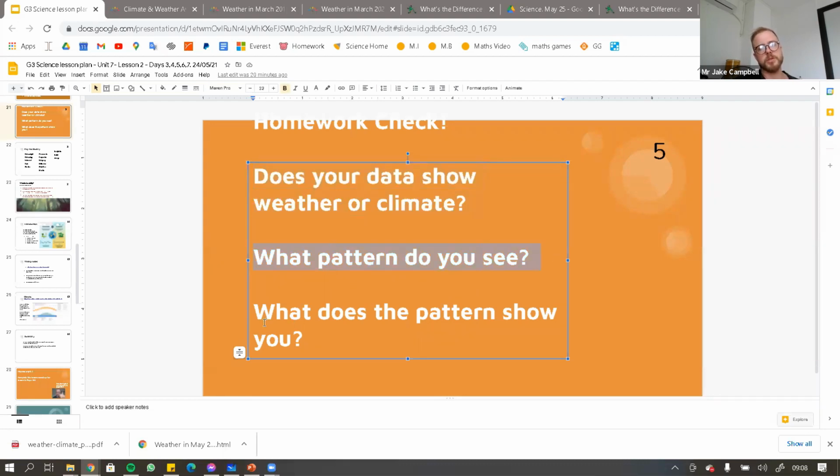What does the pattern show you? I want you to try and answer those 3 questions now about your homework. You've got 5 minutes to do that. Students who did not do the description, please keep writing. I'm just going to change the page though. You should know what to write now.